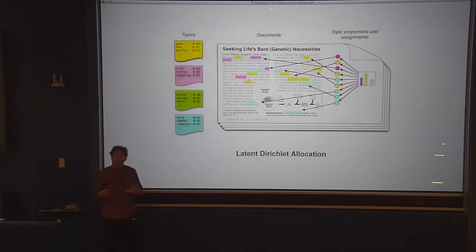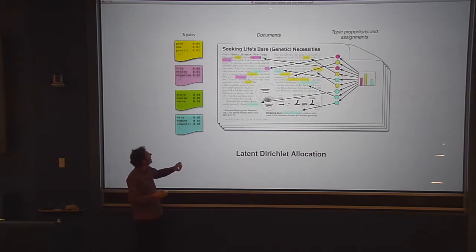So now we can finally define a topic more rigorously. We're going to define a process by which we assume the data are generated, these documents arise, and on the outside of the collection are a set of topics. Each topic is a distribution over a fixed vocabulary. It's like a weighted die where the faces of the die are vocabulary words, and each topic is biased in a different way. So here's the data analysis topic.